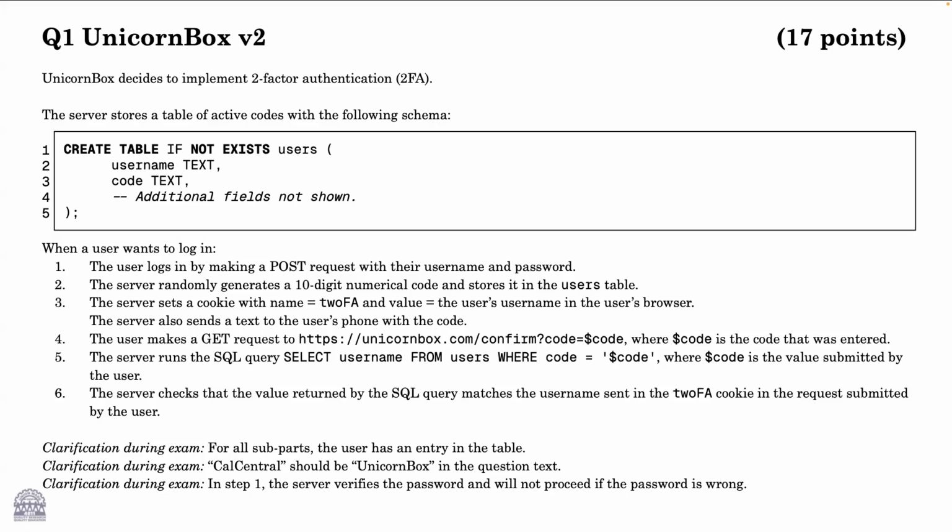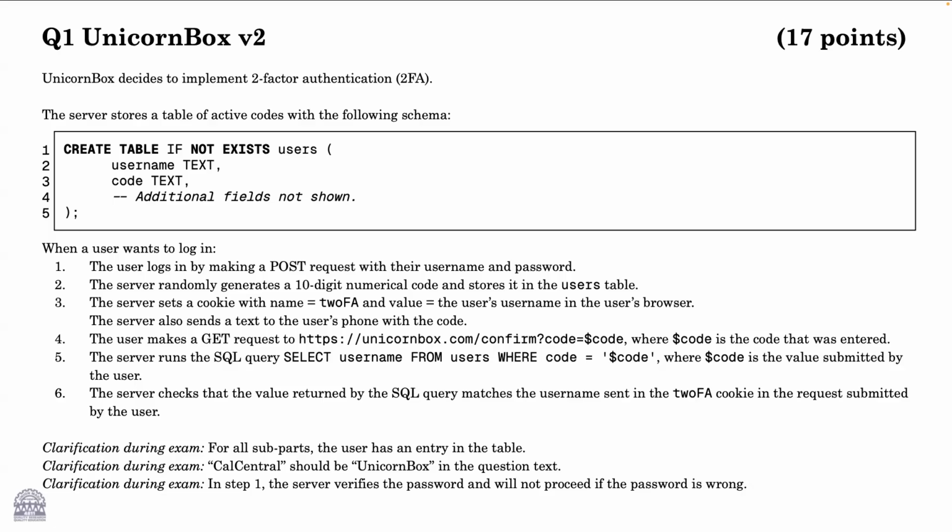Yeah, okay. We have one practice problem left where we're going to perform some SQL injection. For this question, we have a website that implements two-factor authentication. It has a table of users, with a username and a code.